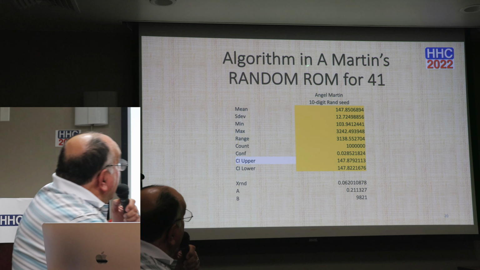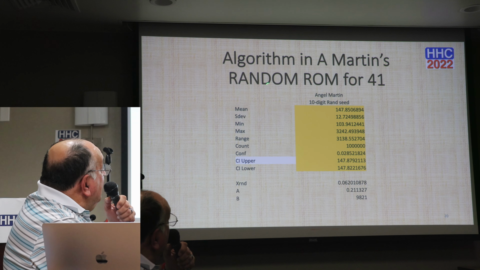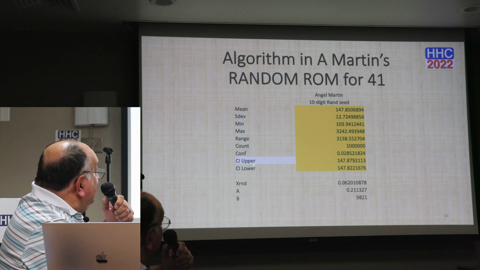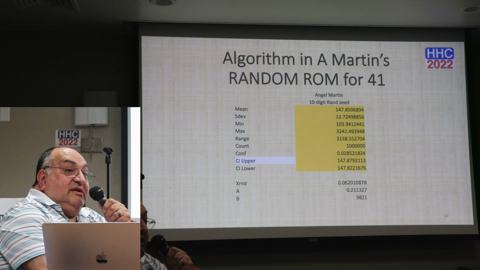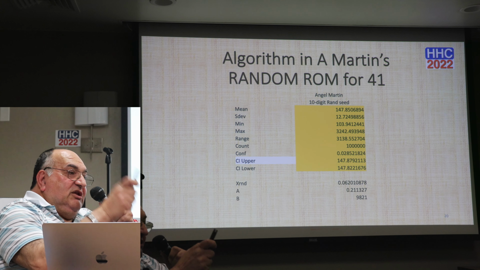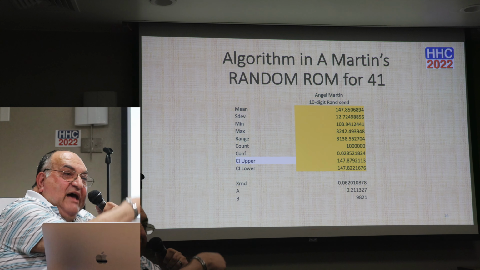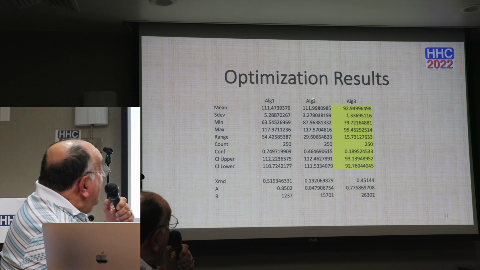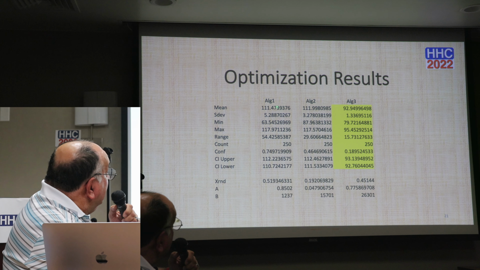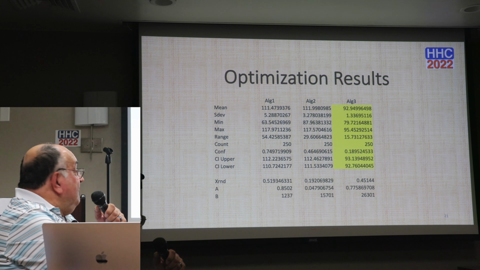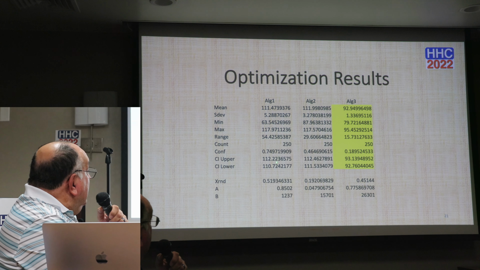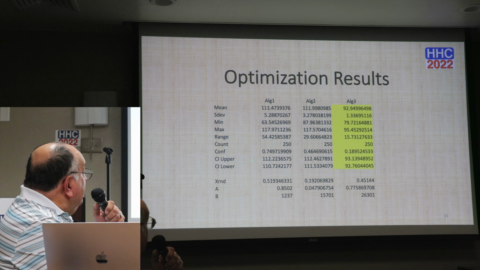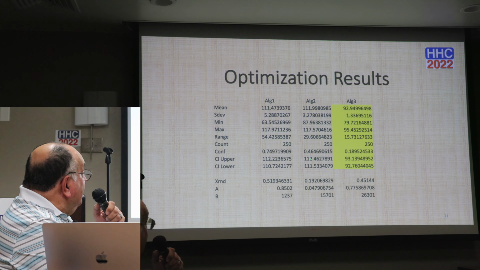This is the result for Angel Martin's algorithm used in the random ROM, and as you can see, the upper limit for the mean is 147.8. So it's in the 147. Good. So if you use his algorithm, it's documented in his manual, you're in good shape. Now I look at the optimized algorithms with various ranges of B. And of course, since they are optimized, the upper and lower limit values are way below 147.